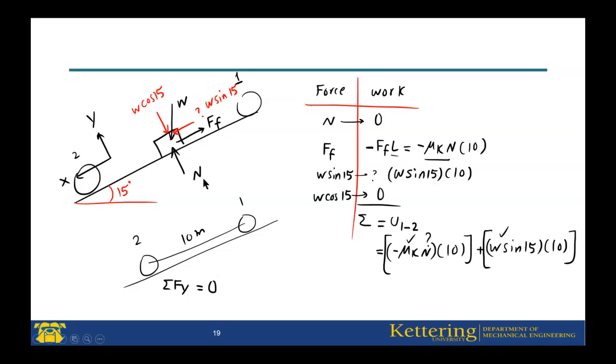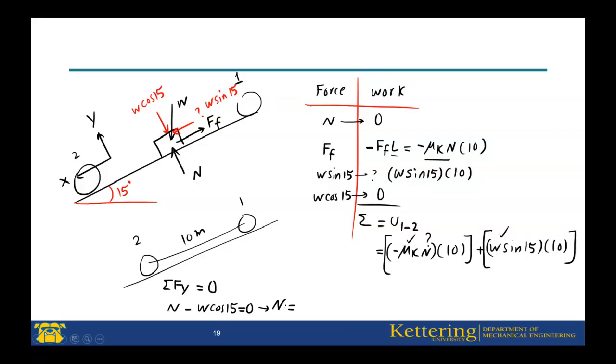We have only two forces along the y: the normal force and W cosine 15, which is in the opposite direction. This gives normal force minus W cosine 15 equal to 0.